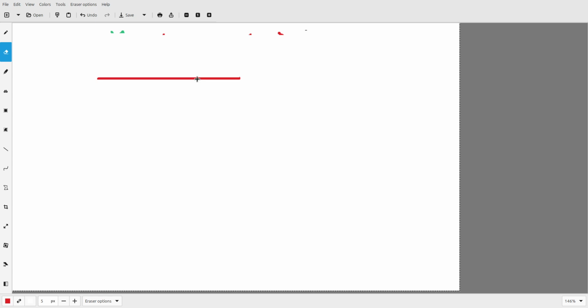Let's draw another line perpendicular to that. This is awful, and it's also upside down, but here we go.